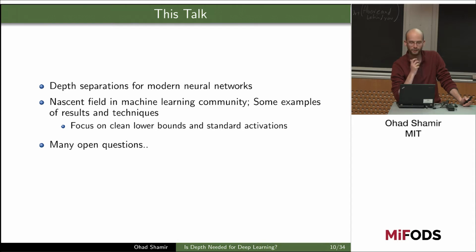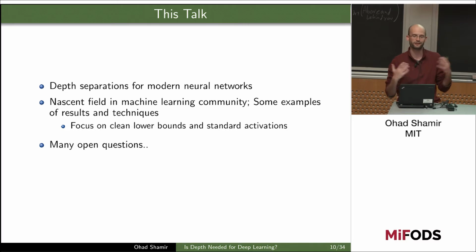But there are many open questions here, and I think it's a shame that the community that is doing these things is very far from the circuit complexity community in theoretical computer science.